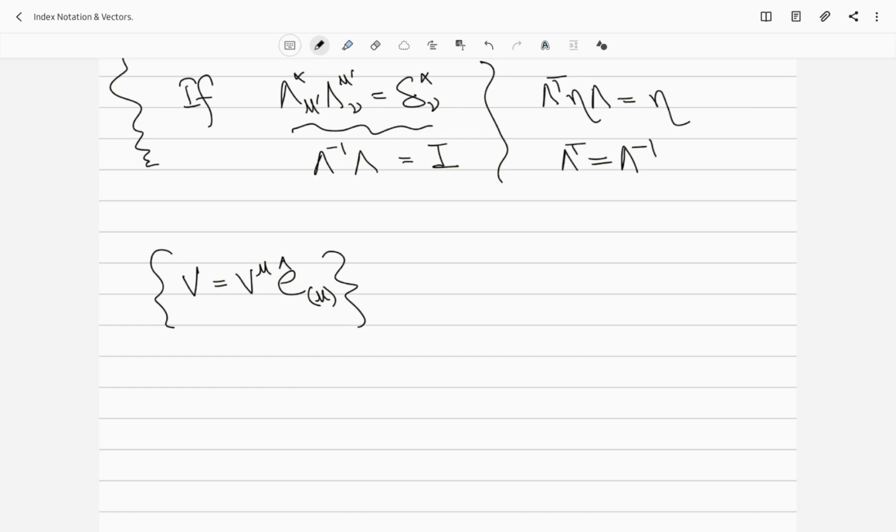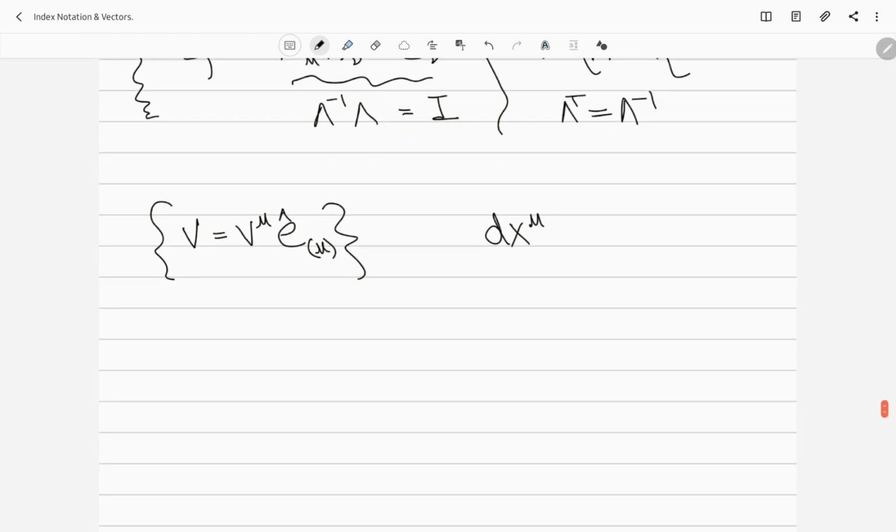So before we go any further, let's stop and think about this for a second. This actually tells you immediately that the components of any arbitrary vector must transform like the components of dx mu, right?